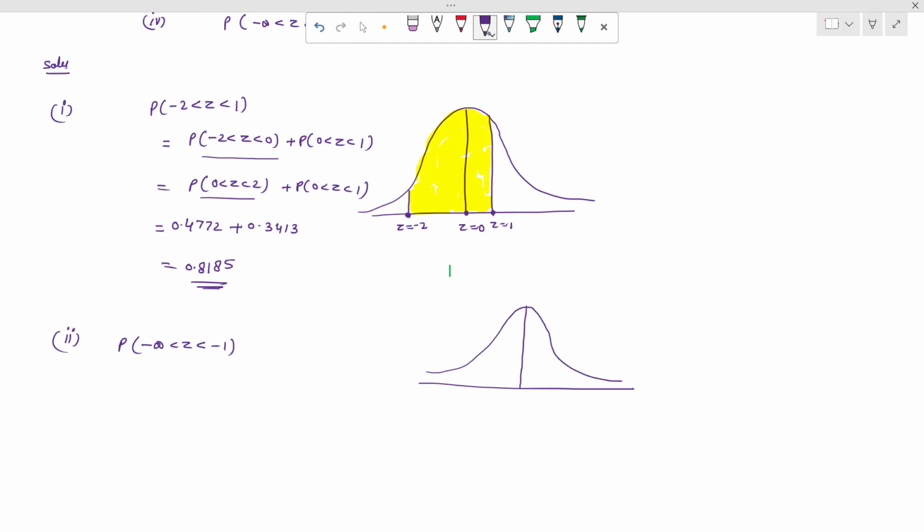Minus infinity means this side is open area, z equal to minus infinity, and on this side z is equal to minus 1, and here z is equal to 0. So our required area is minus infinity to minus 1, which means this open area. But how to calculate this area?